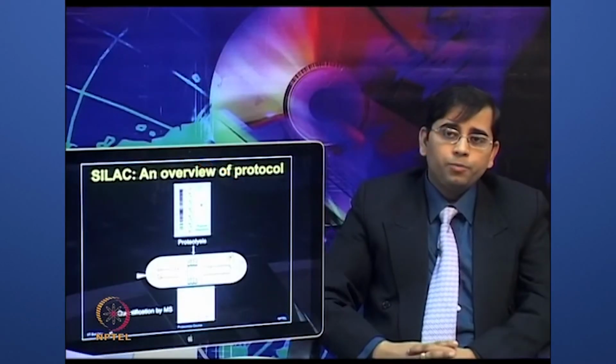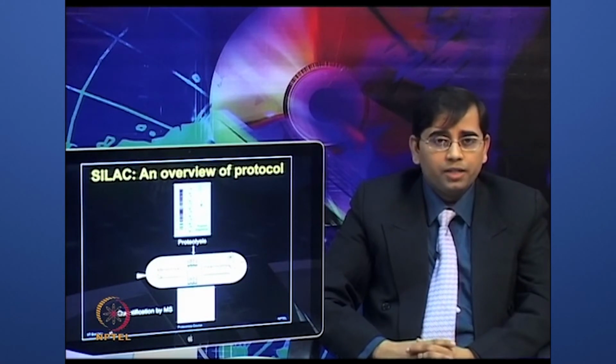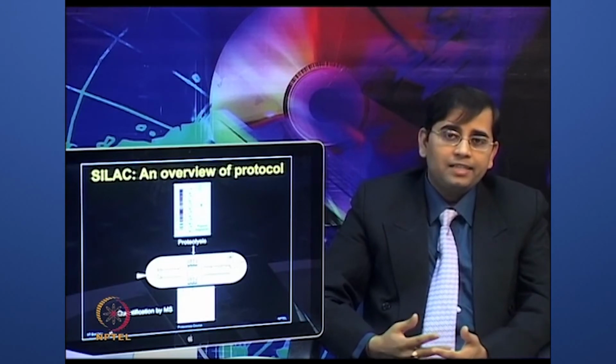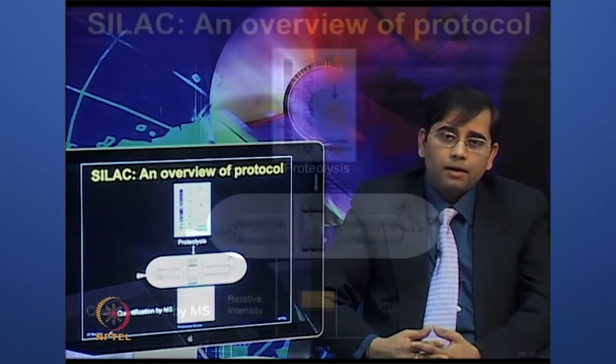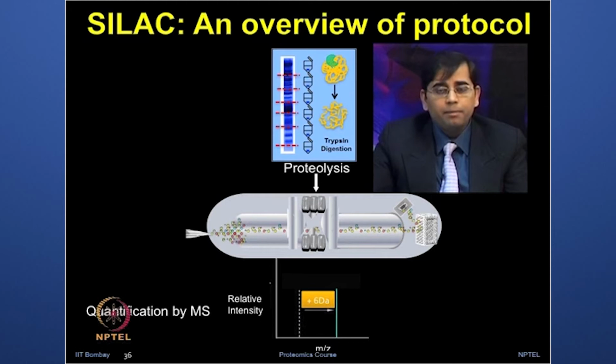So, continuing into the protocol, once we have combined these heavy and light populations, they can be separated on the SDS-PAGE gel, and each of these bands can further be digested by adding trypsin.